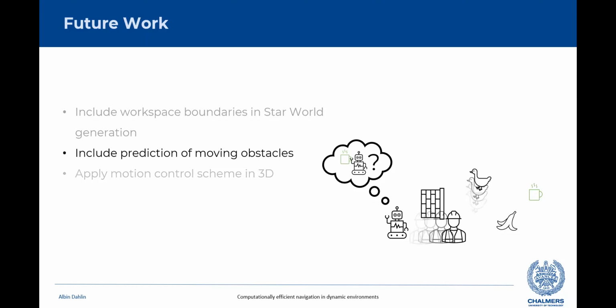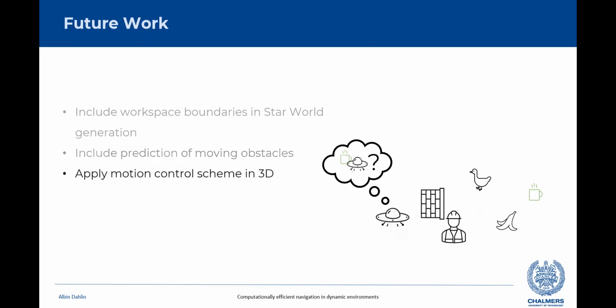Next, if predictions on future obstacle poses are available, it would be desirable to also adapt the planned trajectory based on these predictions, so that we actually make use of all the information available.